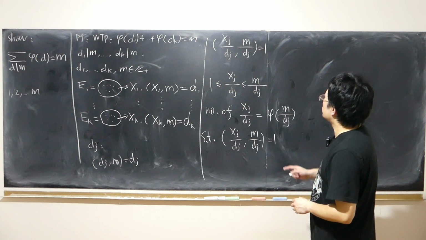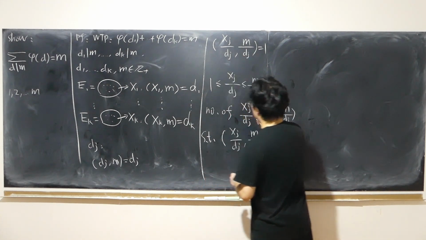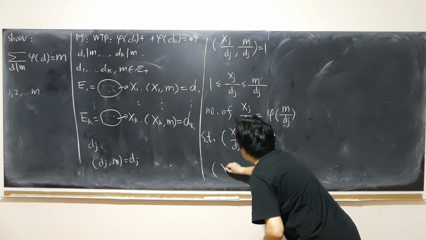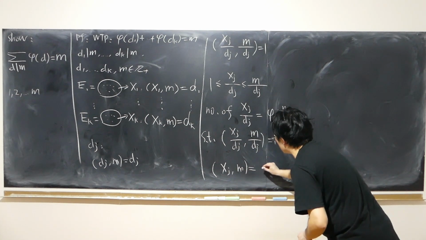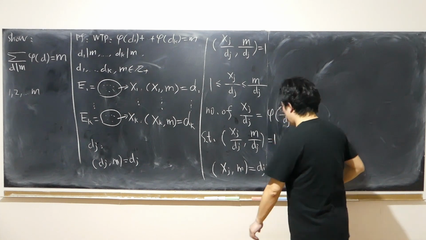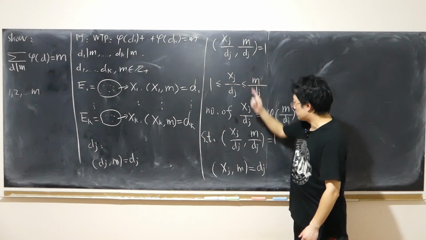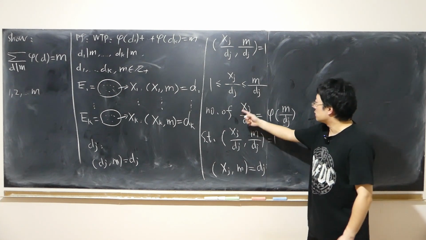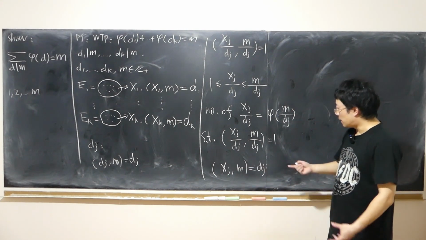Because the number of such elements is equal to the number of xj and m where their GCD is equal to dj, because they're one-to-one correspondent. This is before I divide by dj. This is after I divide by dj. One-to-one correspondent. So the number of such elements is equal to the number of such elements that satisfy this condition.